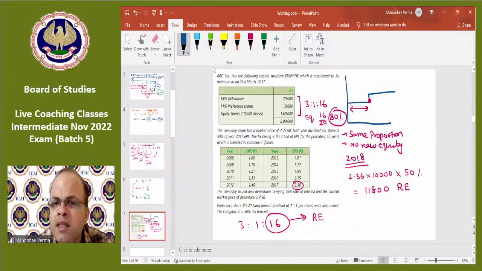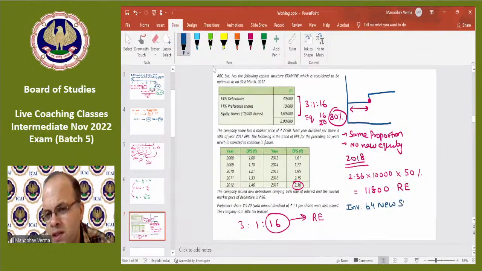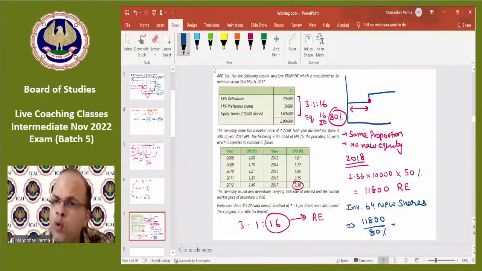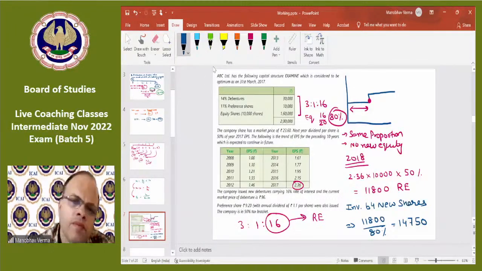So the amount of investment before new shares will be 11,800 divided by 80%. What is that amount coming out to be? 14,750, guys. 14,750. Am I correct? Can you please double check?